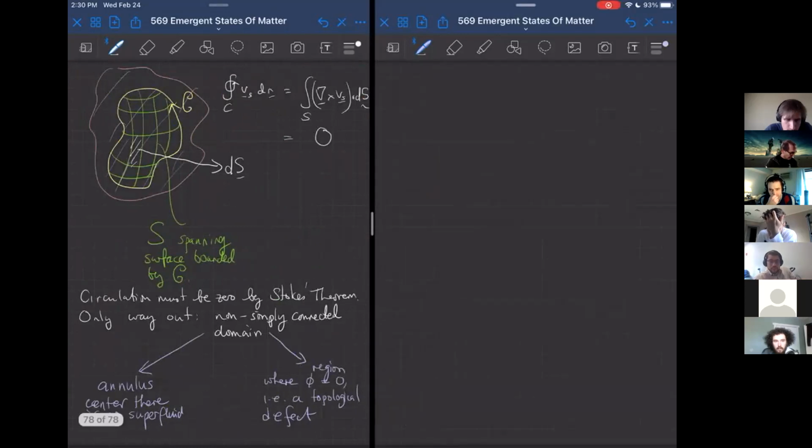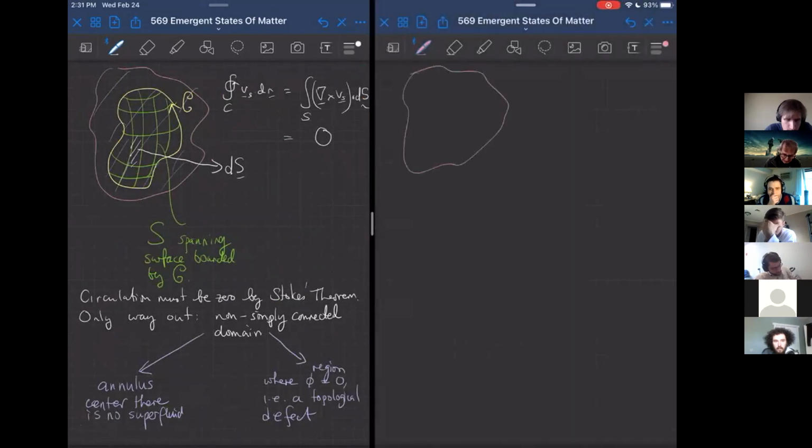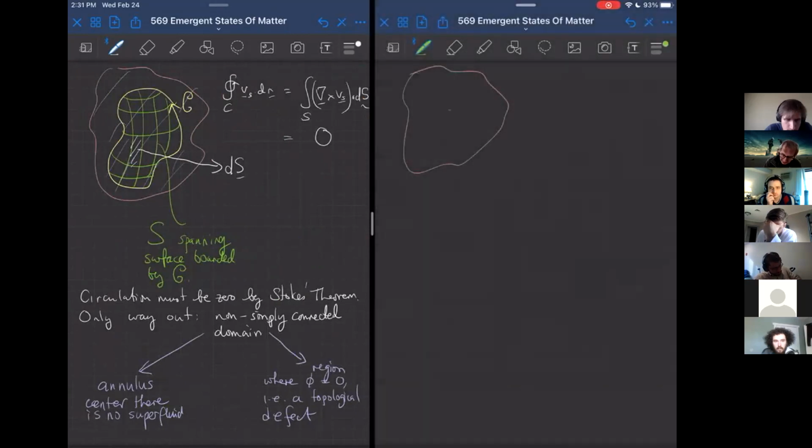So the picture I have to have is that my region has in it, somewhere in the middle, at least some region where the wave function is equal to 0, either because of the topological defect or because I have an annulus.